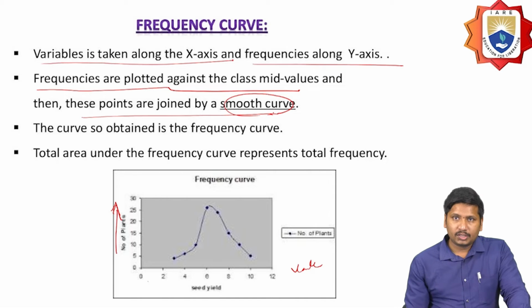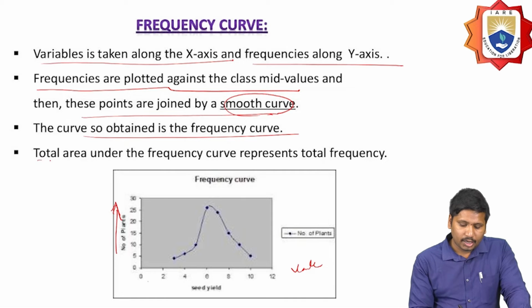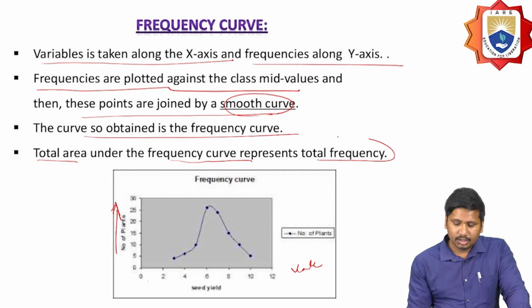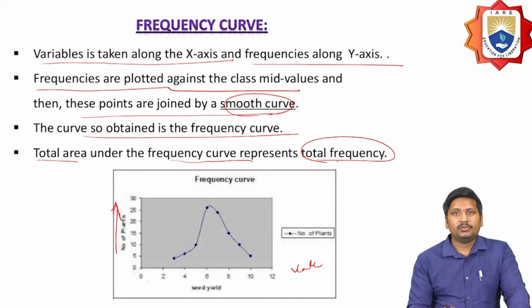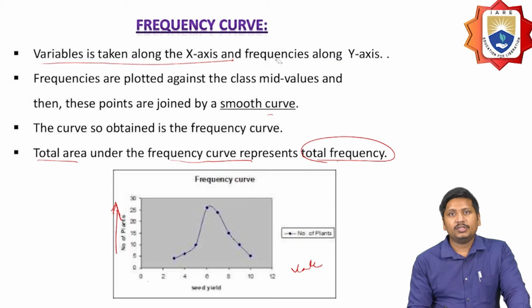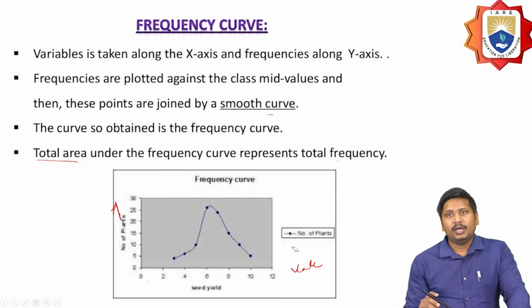So the frequencies I plotted along the class middle values are joined together. The curve so obtained is the frequency curve, and the total area under the frequency curve represents the total frequency. So the frequency curve is nothing but the variables taken on the x-axis and the frequency on the y-axis. Normally you know that.